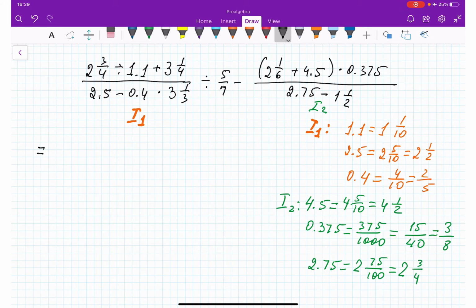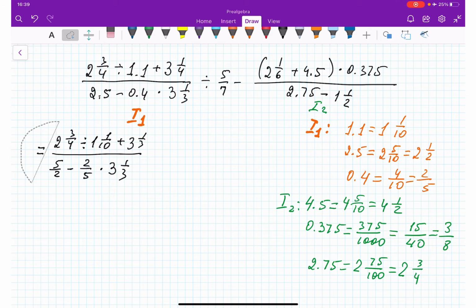This is going to be 2 and 3/4, divided by 1 and 1/10, plus 3 and 1/3, dividing by 5 over 2, minus 2/5 times 3 and 1/3.